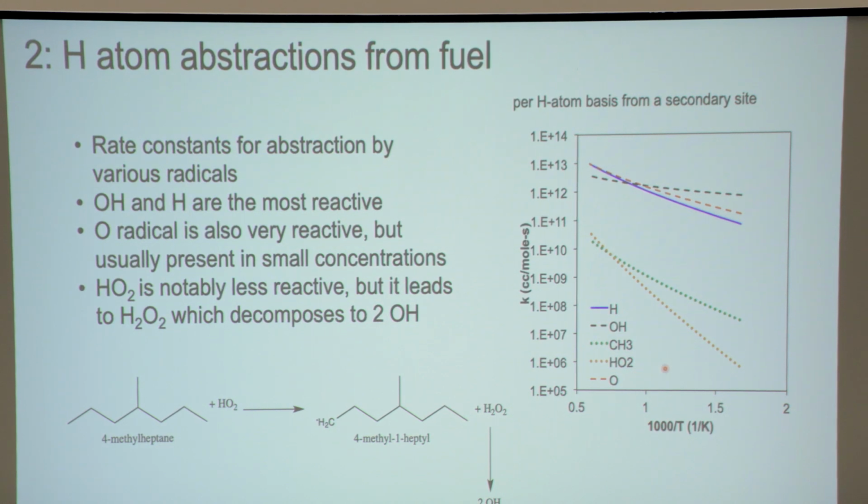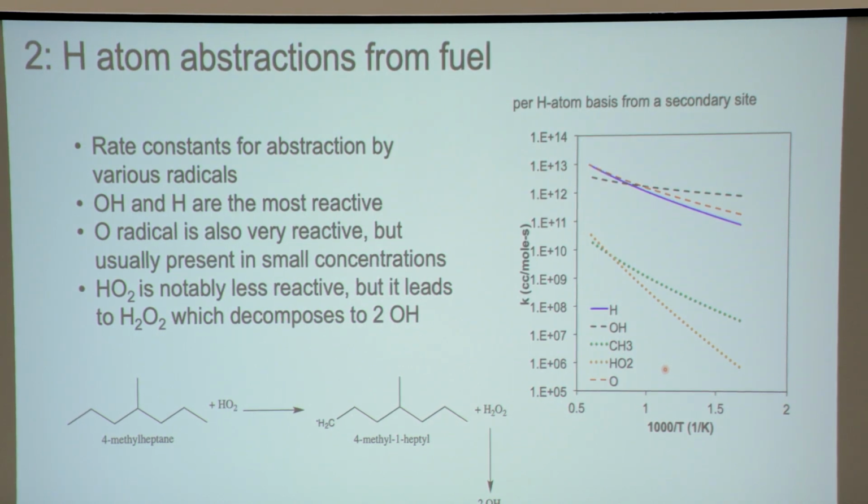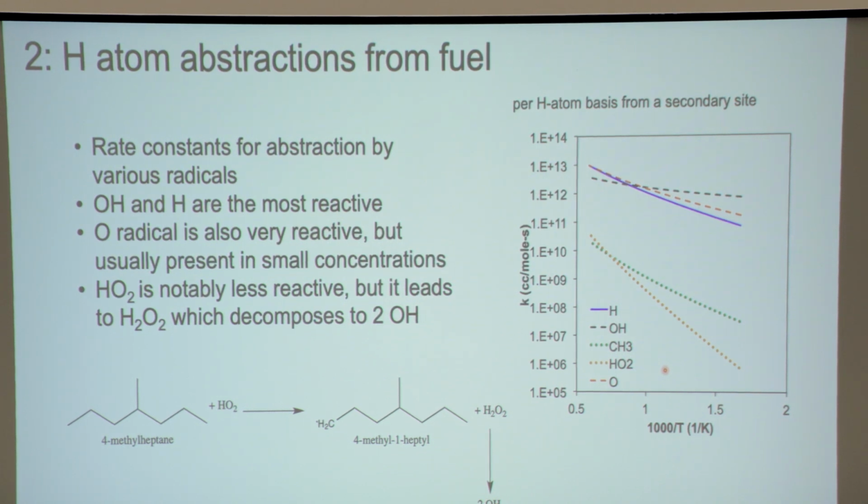Problem is, we don't have good rates for abstraction by HO2. Nobody can measure this, actually. It's been a problem. People have tried for the last 10 years to do a shock tube experiment to measure abstraction of hydrogen atoms from different fuel molecules using HO2. The problem is we don't have a precursor.